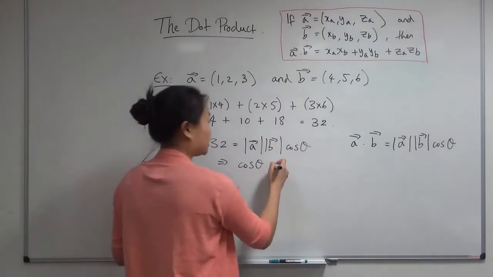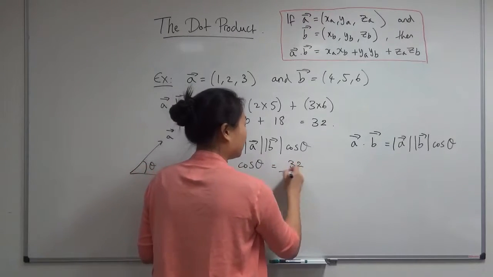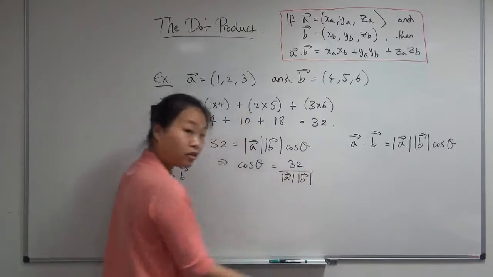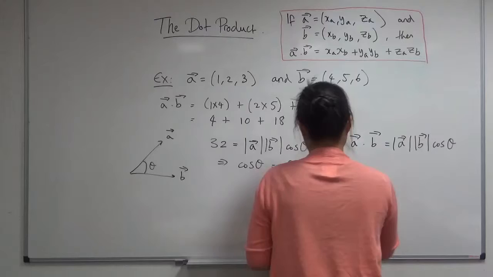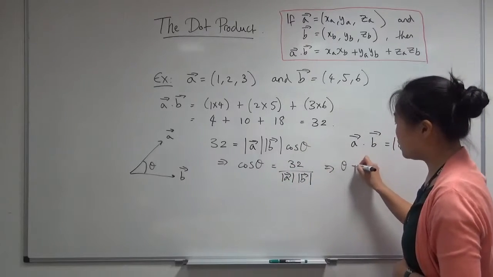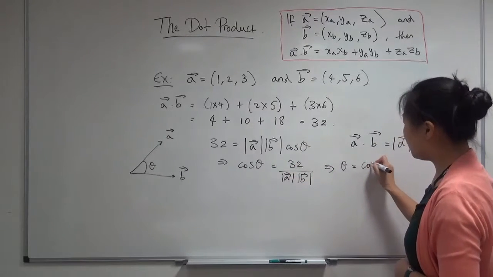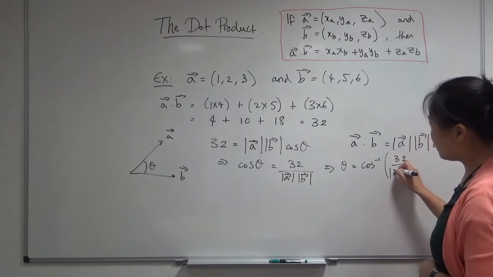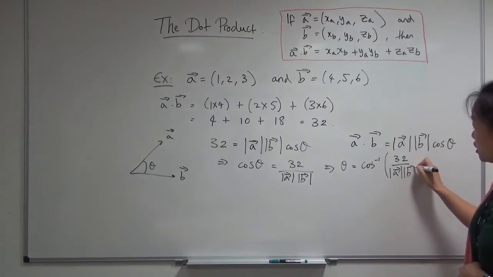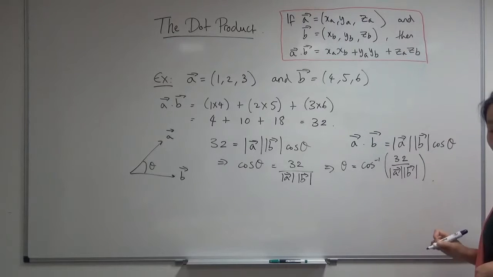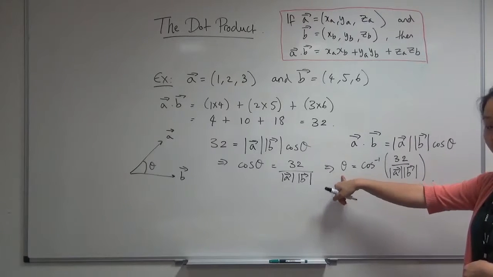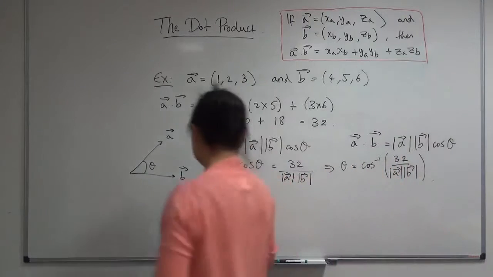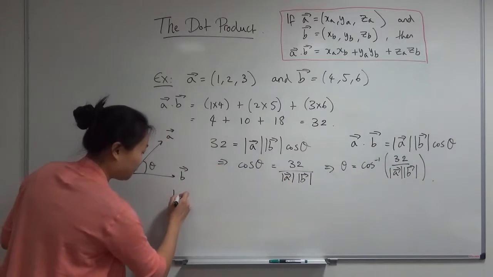So we've got cosine theta equals 32 divided by the modulus of a times the modulus of b. And this therefore gives us that theta is equal to inverse cosine of 32 over the modulus of a multiplied by the modulus of b. So all we need to do to find theta is to calculate what the lengths of a and b are. So let's just do this right at the bottom.